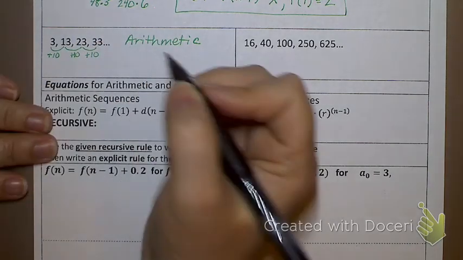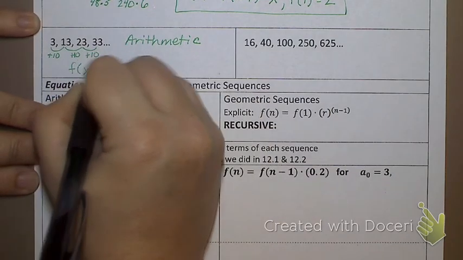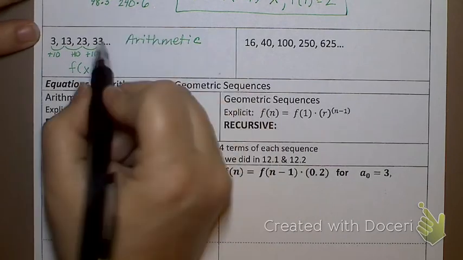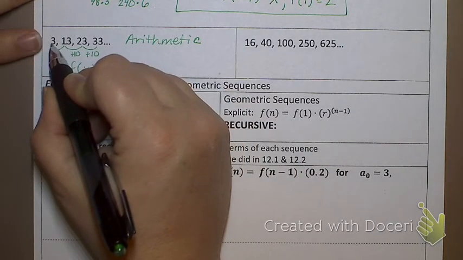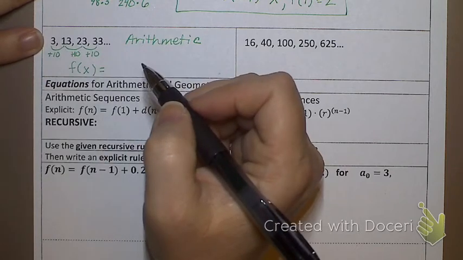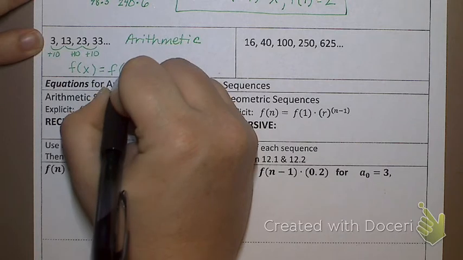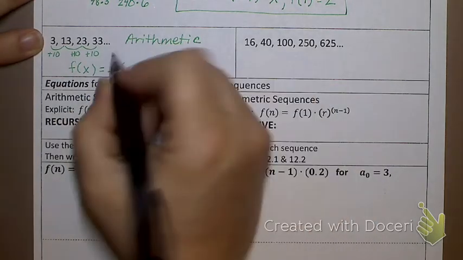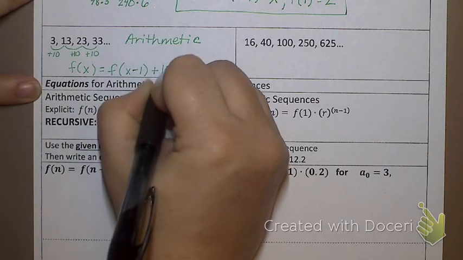So how would I write a recursive formula? Well, I would say f of x is equal to, how do you find a term? You take the term before it, and you do what to that? You add 10. So I would say f of x minus 1 plus 10.